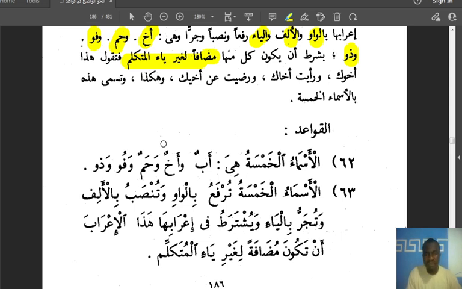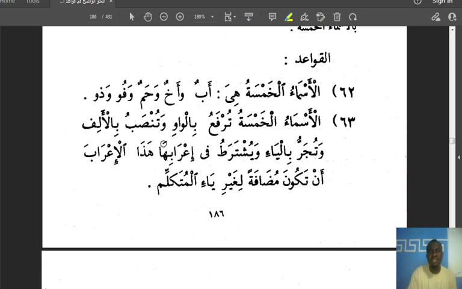When they come as mudaf and they are part of the Asma'ul Khamsa, when they are marfu, they take waw. When they are majroor, they take ya. When they are mansub, they take alif.